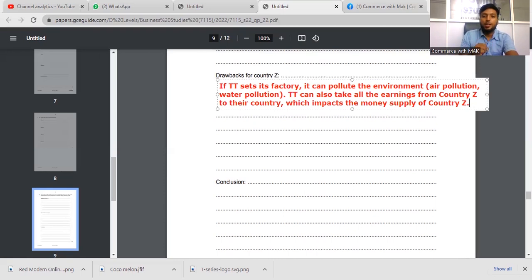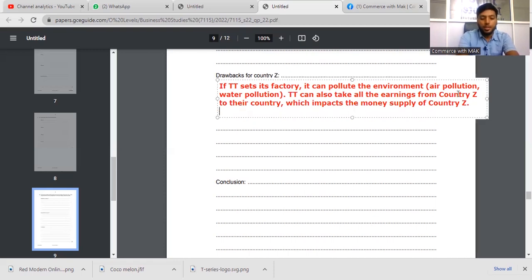There's a shortage of money in that country. So the country will go through printing more money. It will also create inflation. But I don't want to go that deep. I'm just speaking about the money supply because they're taking all the earnings from that country and they might supply it to their own country.